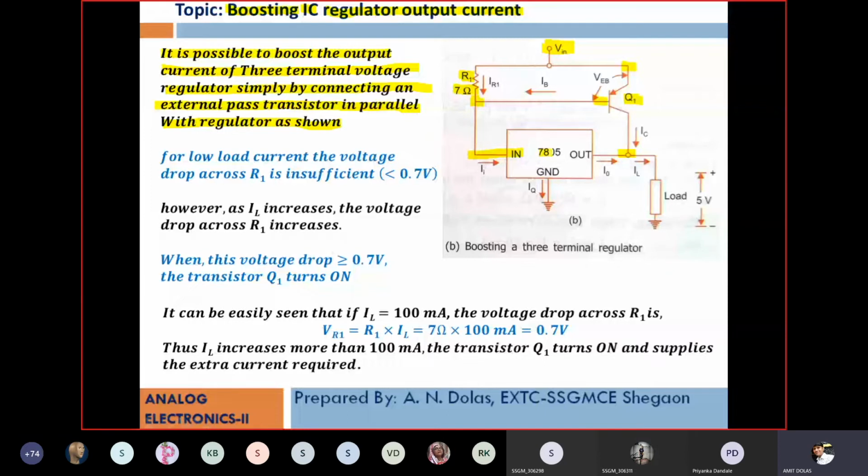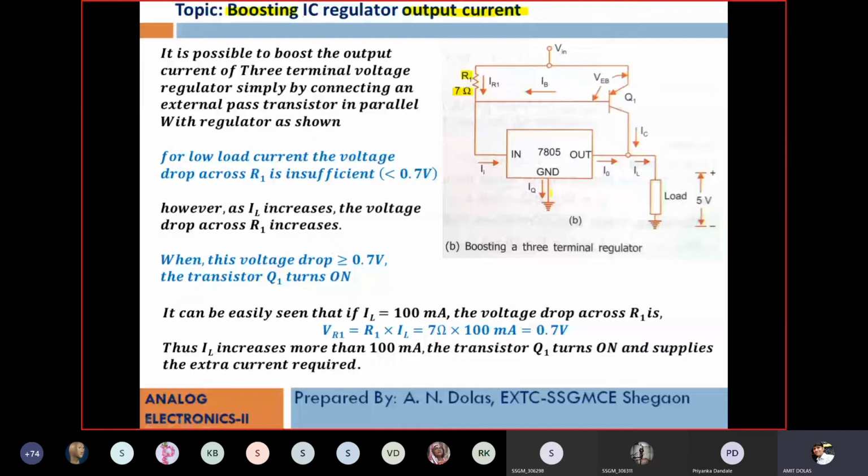Now here, how does this act like a current boosting circuit? Here we are boosting the output current, of course. We have chosen this R1 as 7 ohm. What will happen as soon as we turn on this IC?